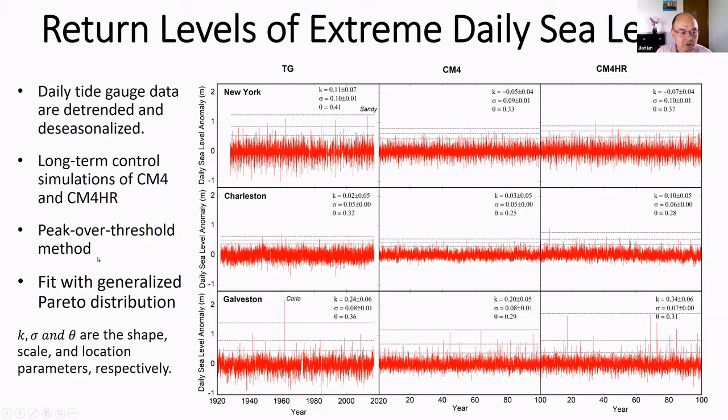By the way, we use the peak over threshold method and the generalized Pareto distribution to calculate the return levels in the tide gauge data and the model simulation. So these are the parameters.